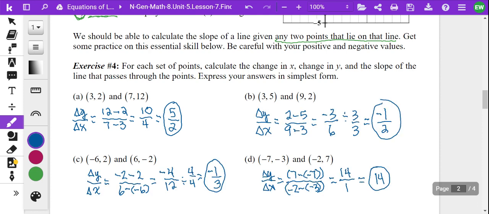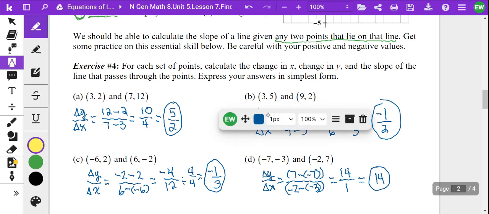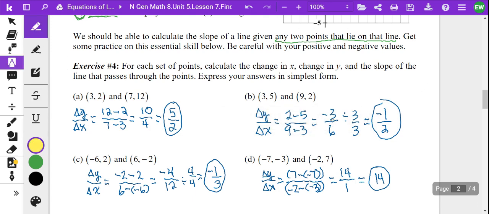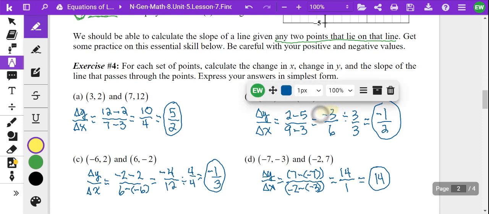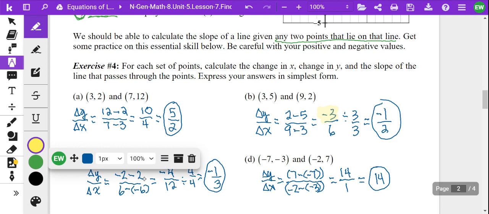Okay, here are your answers. Some things I want to highlight within these answers. I want you to notice that 2 minus 5 gave me a negative 3. I've reduced this fraction by dividing by 3 in both the numerator and denominator, but my slope is still negative. For C, negative 2 minus 2.